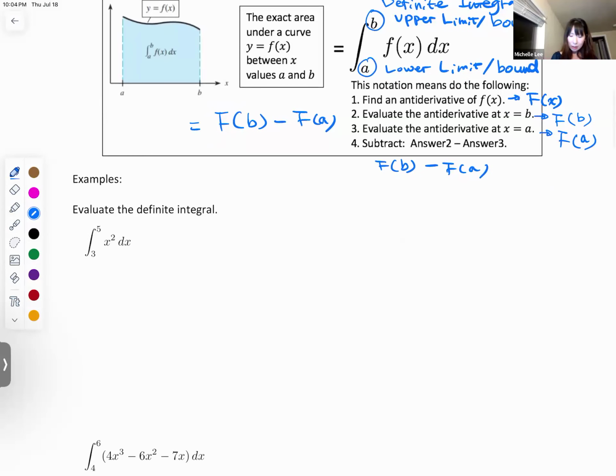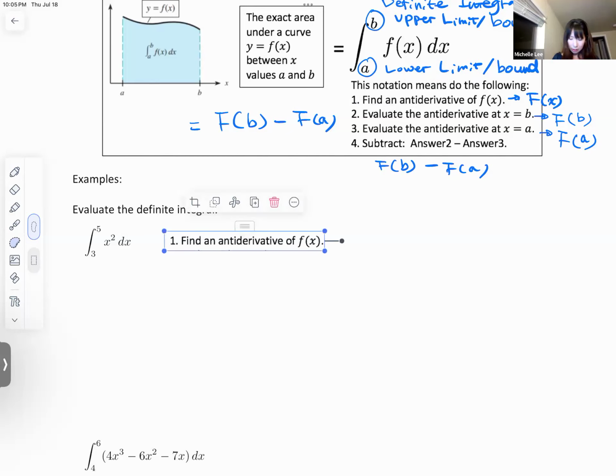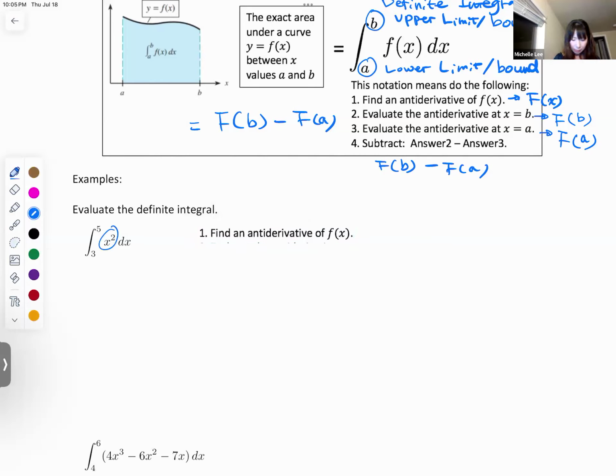Okay, let's do it. Evaluate the definite integral. First, we'll find the antiderivative of this function. Let's say that this is f of x. By the way, f of x is the height, and dx is the width, right?